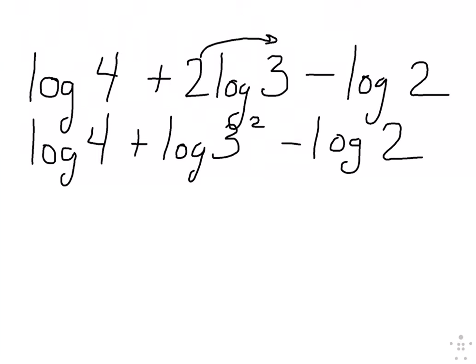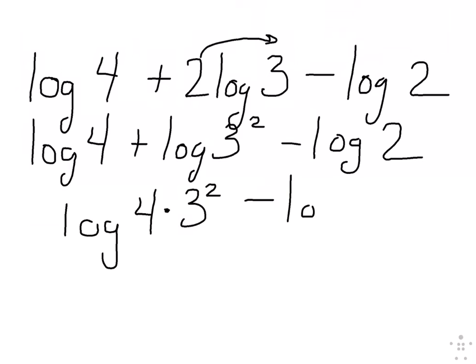You don't keep it as log and log. You drop one away. So it goes log 4 times 3 squared minus log 2. It's not log 4 times log 3 squared. One of the logs gets dropped off, and I have 1 log left.